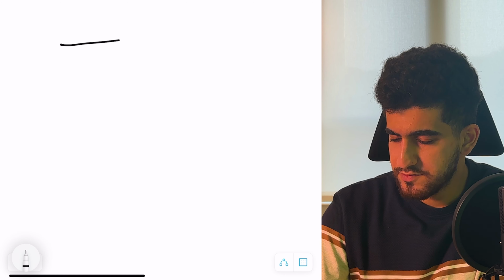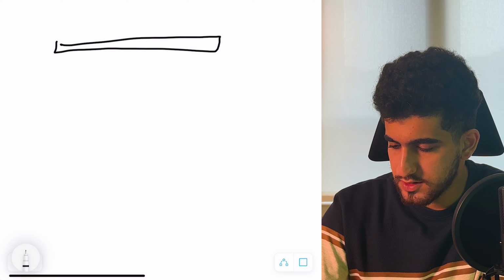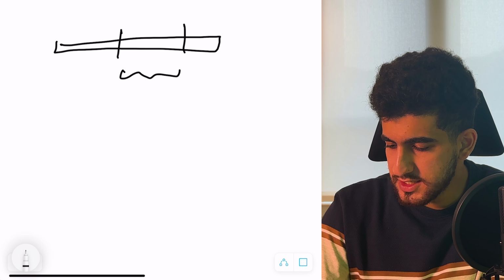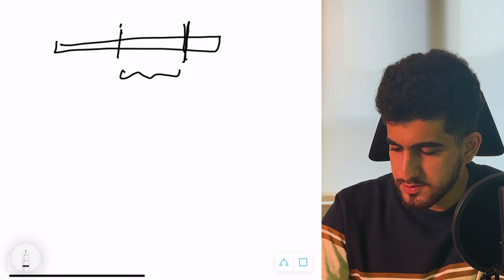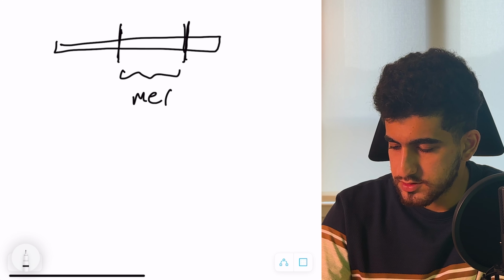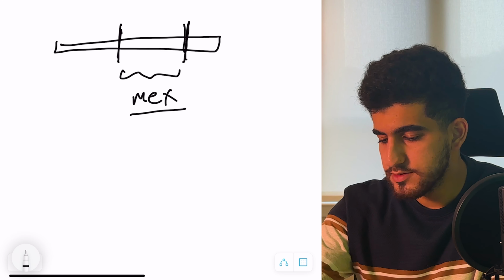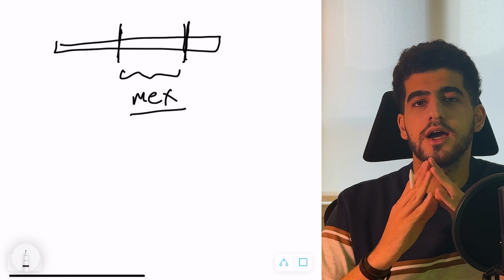For example, right now I have considered n squared intervals, and I have considered the case that I'm going to add them with their MEX equal to the current MEX in my variable. But what if I can consider a much smaller number of intervals and just work with them instead of working with all the possible intervals?